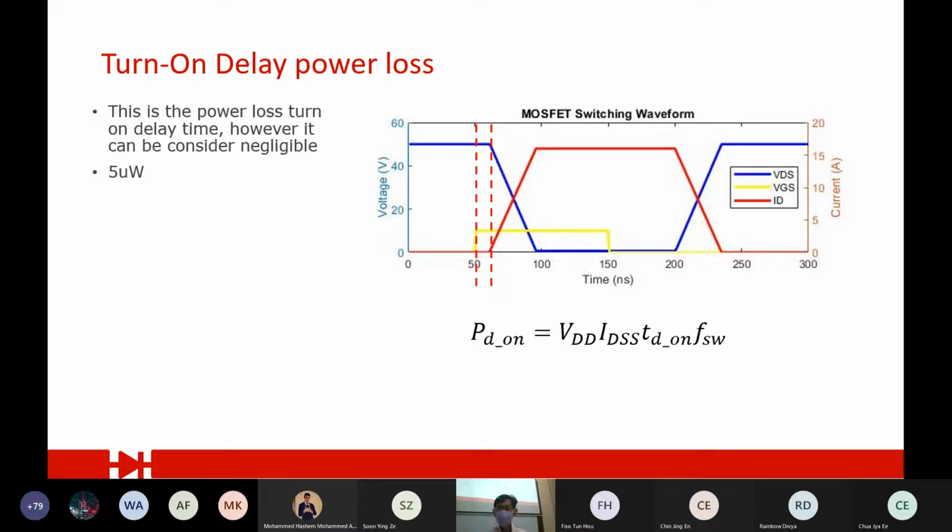I don't work out the answer step by step because it's applicable to different MOSFETs. With that, you should be able to start to calculate the turn on delay power loss.